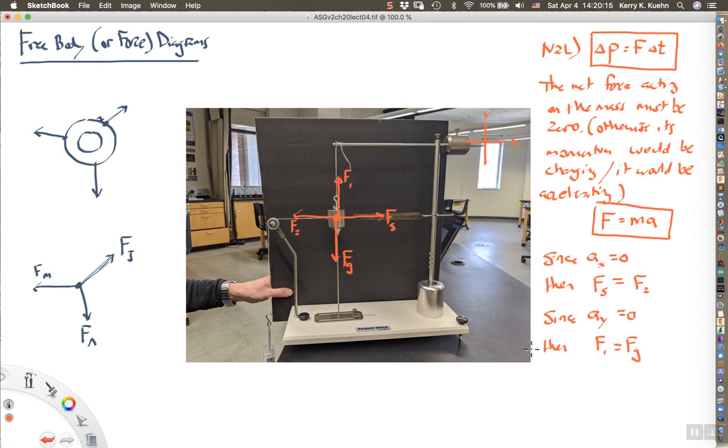Again, we're using Newton's second law to deduce the relationship between those forces. Let me leave it at this for the moment, and I'm going to come back in the next lecture and talk about Newton's third law.